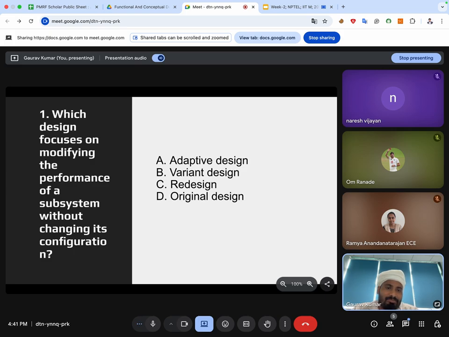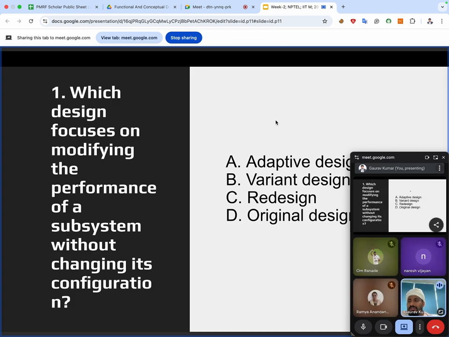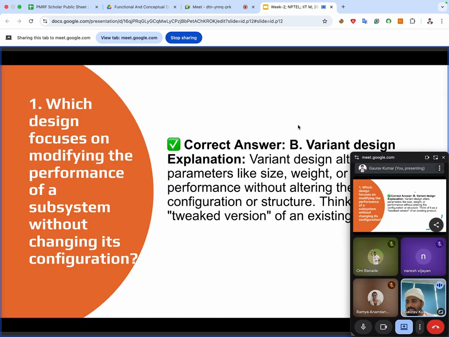It's the design equivalent of tuning a car's engine for more horsepower while keeping the engine block intact. This helps in cost effective innovation. So B is the right answer, and you can also see the explanation on your screen, so you may go through this.